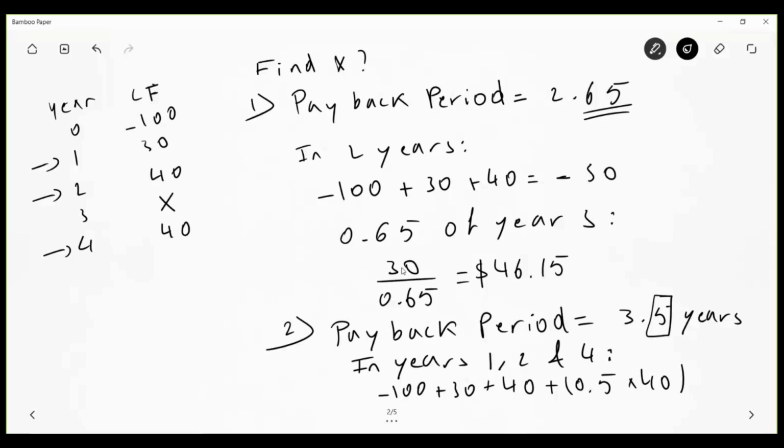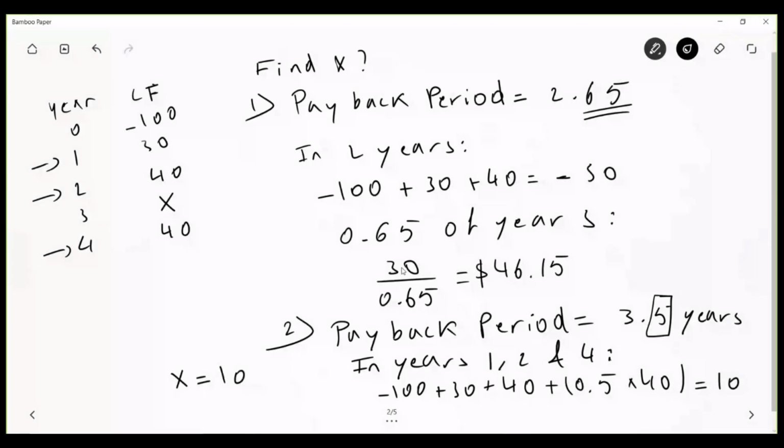It should exactly be 4 years. So in this case, minus 100 plus 30 plus 40 plus 20, the answer here is $10. Therefore, X should be equal to 10.